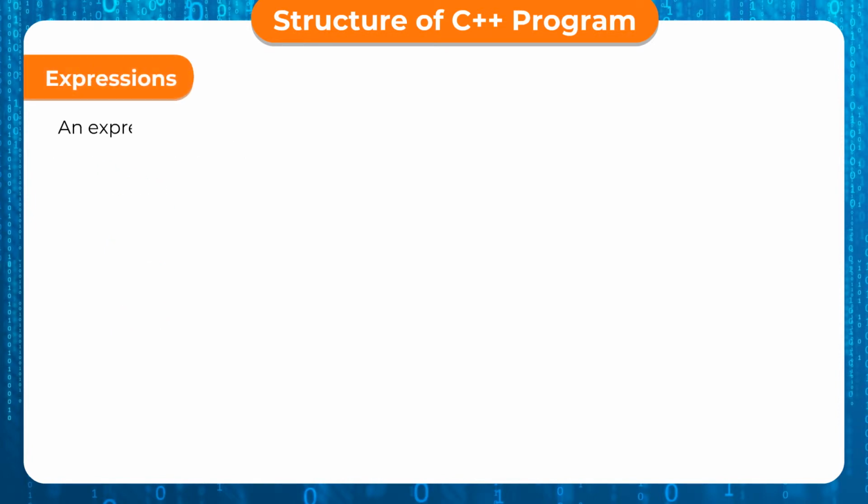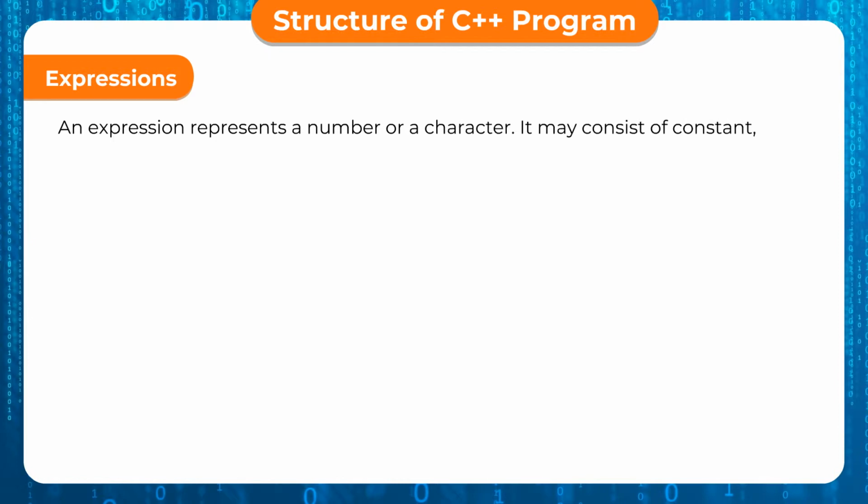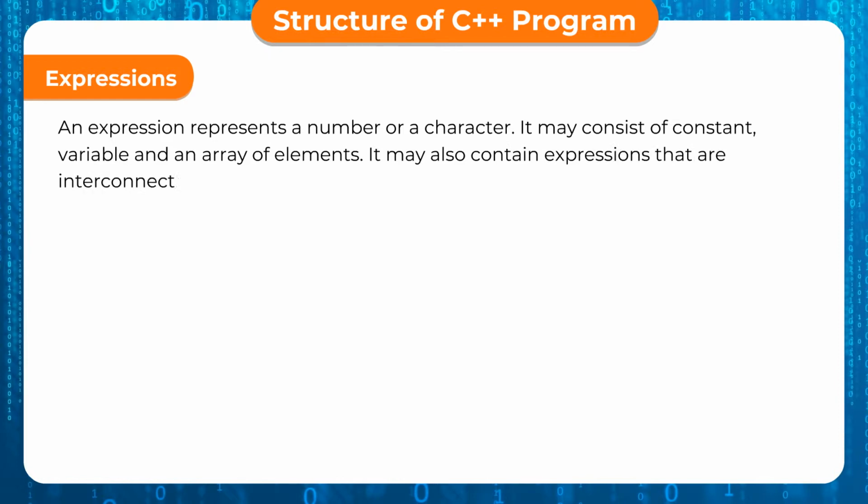Expressions. An expression represents a number or a character. It may consist of a constant, variable, and array elements. It may also contain expressions that are interconnected by one or more operators.